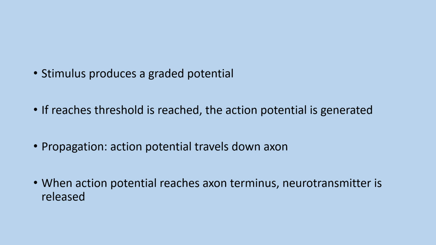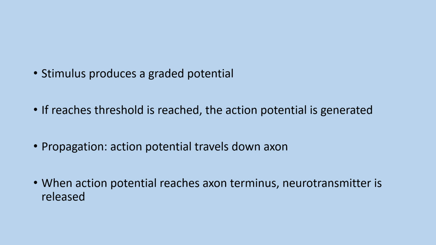If that graded potential reaches what we call threshold, then an action potential is generated. So you have to have a graded potential first, just this little localized change in the charge of the cell. If it reaches a certain point, which is the threshold, then you will generate an action potential. If you don't reach threshold, you'll never get the action potential.